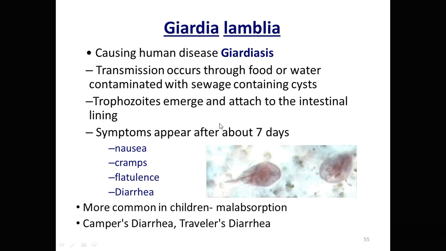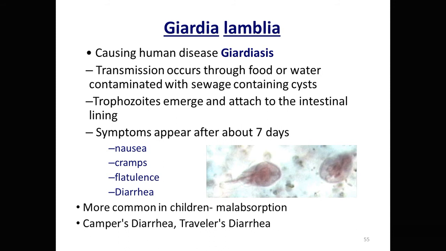And the transmission occurs through food or contaminated water, where cysts are found. Then trophozoites emerge and attach to the intestinal lining, and symptoms develop after about 7 days, and people have nausea, cramps, flatulence, diarrhea, malabsorption.